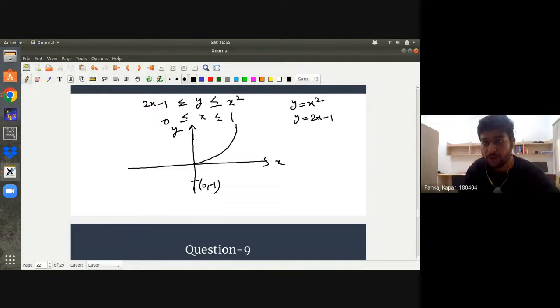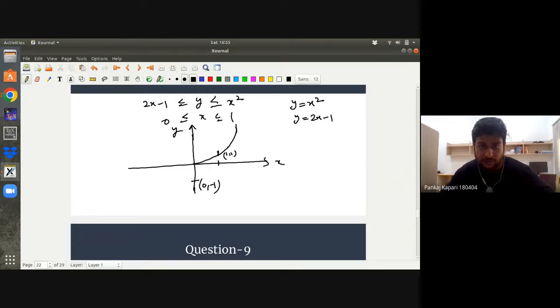And then if you put x equal to 1, then you will get y equal to 1. Let's say there is some point x equal to 1 and y equal to 1. So let's assume that this is our point 1 comma 1.